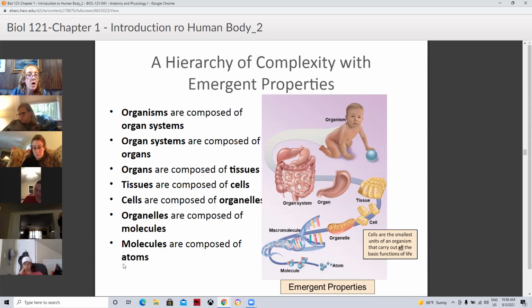So for example, atoms, when they come by themselves, they have some function. They do have a function. They react with one another, but by themselves, that's all they are, reactive little balls. However, when they react with another ball and bond, now they're capable of a function that they didn't have before.